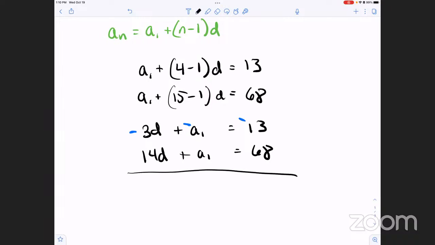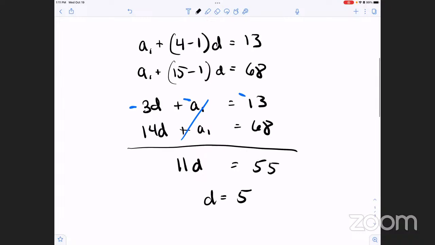Now when I add these two equations together, the a1's cancel each other. 14 minus 3 is 11, so that's going to be 11d equals 55. Divide both sides by 11 and d equals 5.